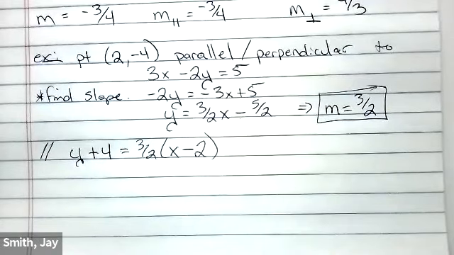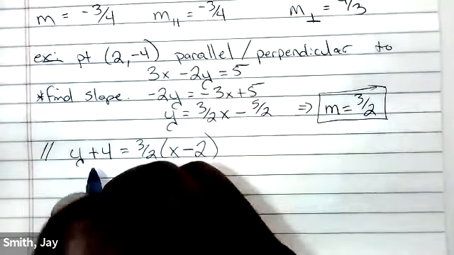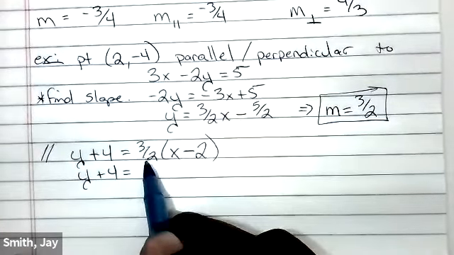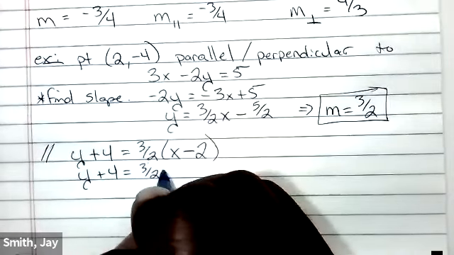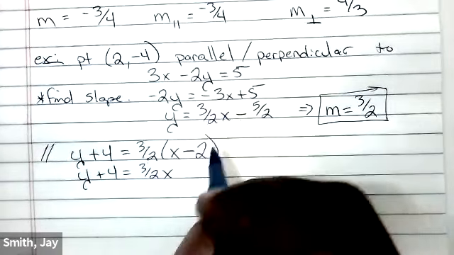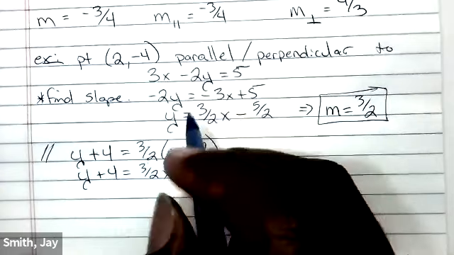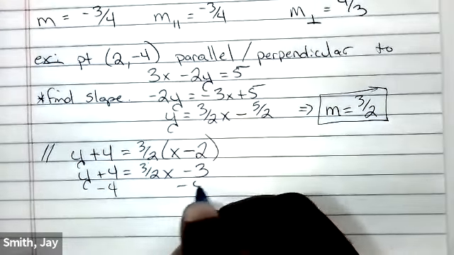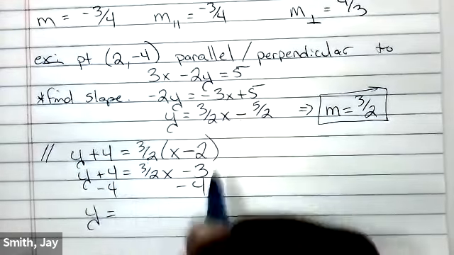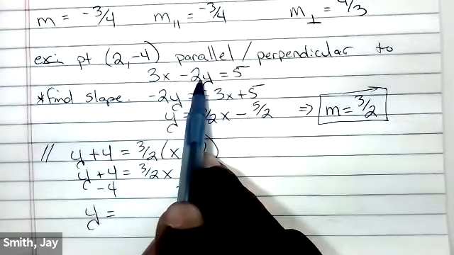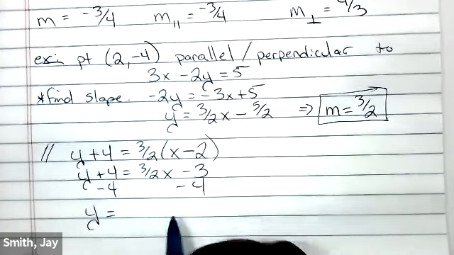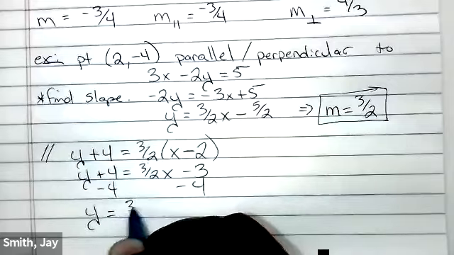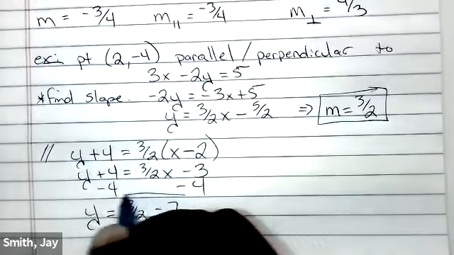All right. So we can start solving this. This is going to give me y plus 4 is equal to, distribute that 3/2. 3/2 times x gives me 3/2 x. And 3/2 times -2 is going to give me a -3. We can subtract 4 from both sides and get the y by itself. And the equation of the line parallel to this line and goes through this point would be y is equal to 3/2 x minus 7.